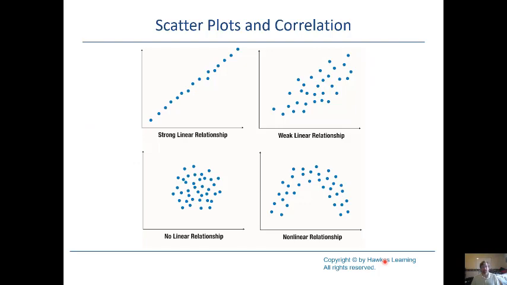So possibilities, we could have a strong linear relationship, so it's a very tight grouping, not a lot of scatter. A weak linear relationship that's pretty scattered. We could maybe start picking out some other trends. Not really in this one.